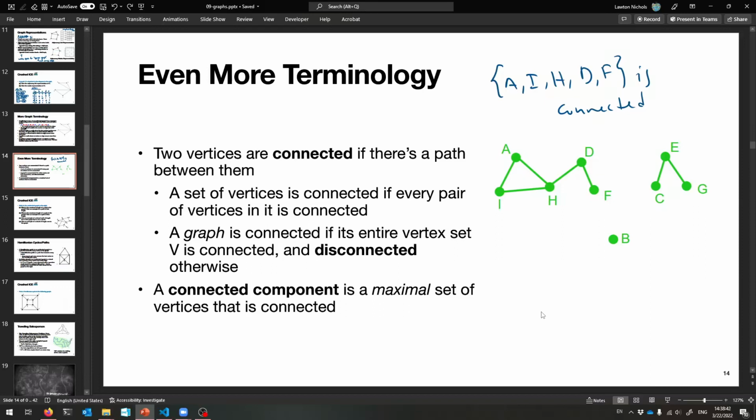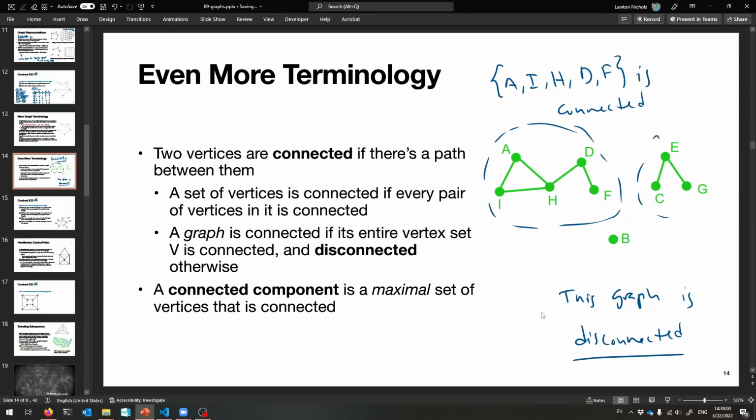Unfortunately, this graph here, let's call it G, is disconnected. Because there's ways to get around for all these people. They're all connected. These are all connected. I guess B is connected to itself, but there's no way to get from like B to F or something. That's unfortunate.